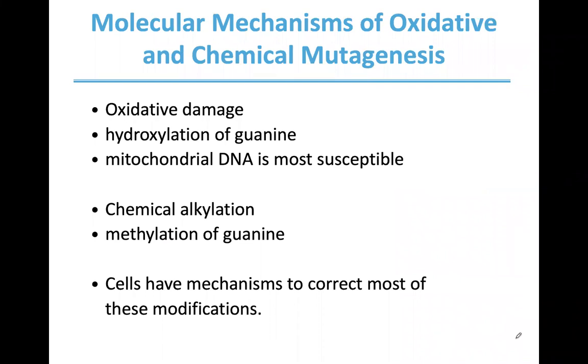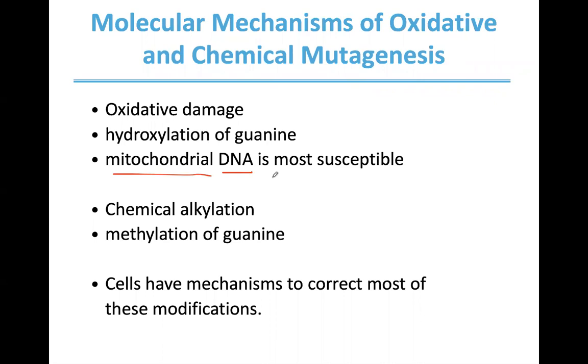Okay, so other mechanisms for mutagenesis are DNA oxidation, right? So here, reactive oxygen species. A lot of these are generated as part of normal physiology in mitochondria, right?